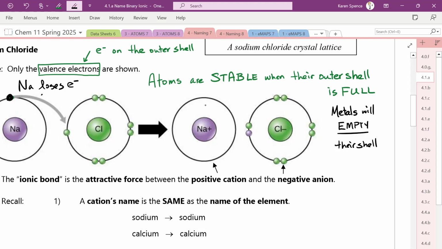Yes? So now we have Na plus. Chloride, remember, 8 electrons is a full shell and it's got an empty spot right there. So chloride gains an electron. So the metal has emptied its shell. The nonmetal has filled its shell.